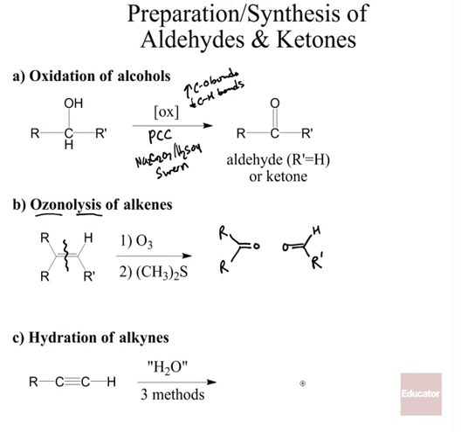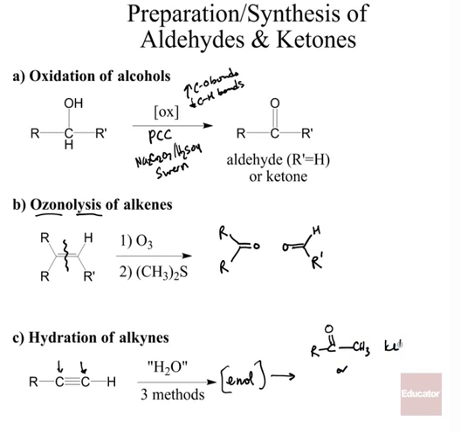And one other reaction we've seen for creating carbonyls was hydration of alkynes. You remember that if we add water across a pi bond, we add an H and an OH across one of the pi bonds, and we get an enol, and then that enol will tautomerize to a carbonyl, either a ketone or an aldehyde. We saw that if we add with Markovnikov regiochemistry, then the oxygen would go to the inside carbon, and the hydrogen would go to the end carbon.